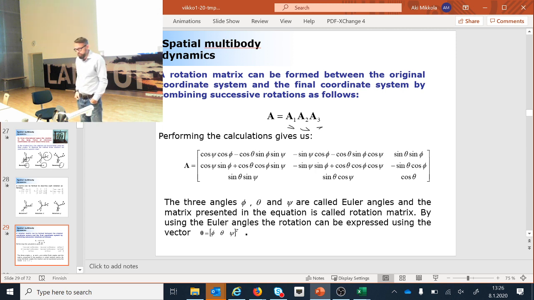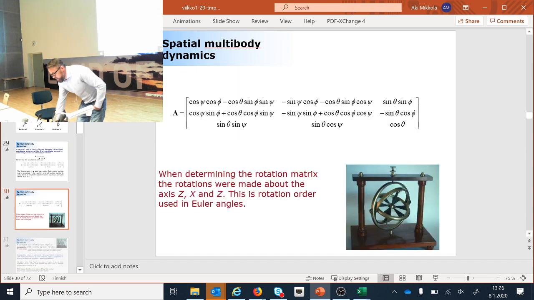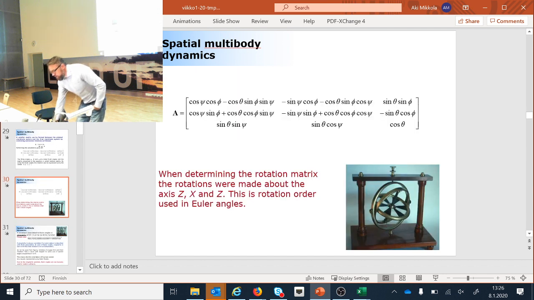Now, we also discussed shortly last year that whenever we're using three parameters, we are facing a mathematical difficulty. The mathematical difficulty is called singularity. Singularity is the general notation for this mathematical difficulty.